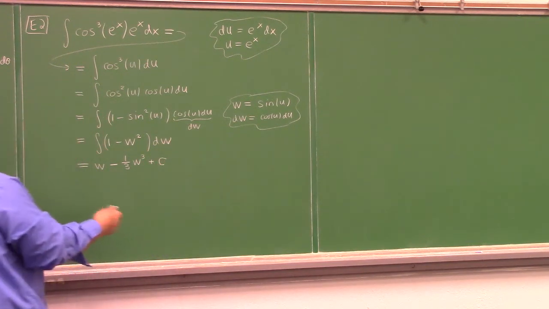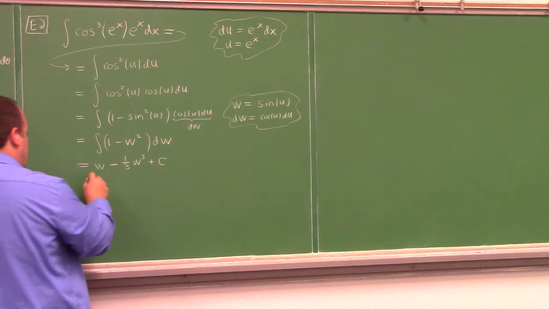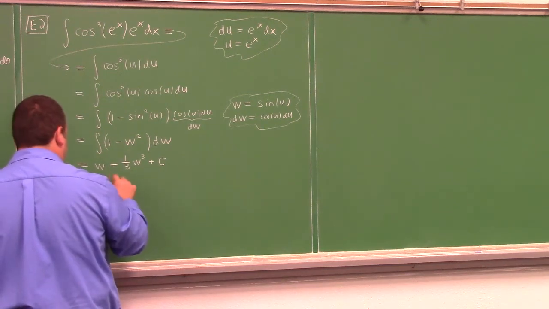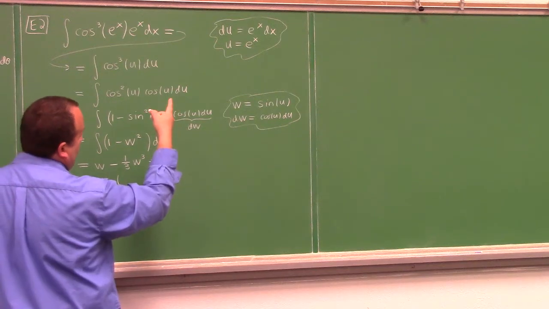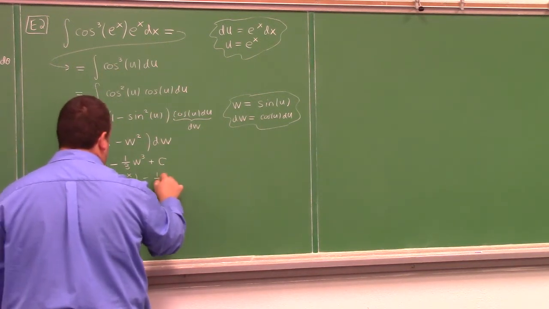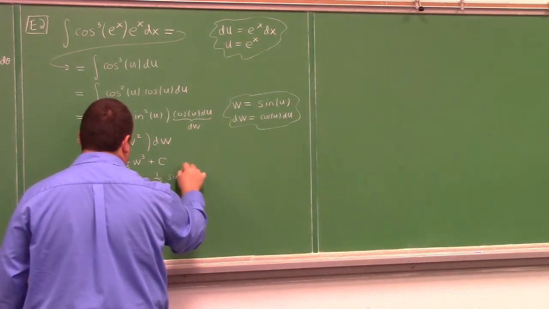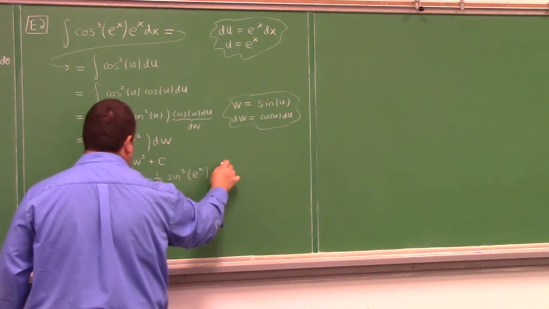Now we just have to go back and unsubstitute. So w was sine of u, and u is e to the x, right? So it's sine of e to the x minus 1/3 sine cubed of e to the x plus a constant. There you go.